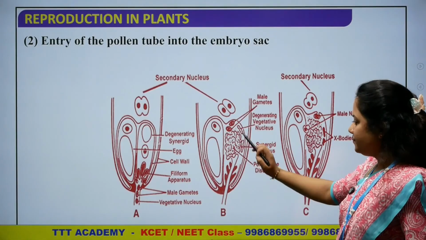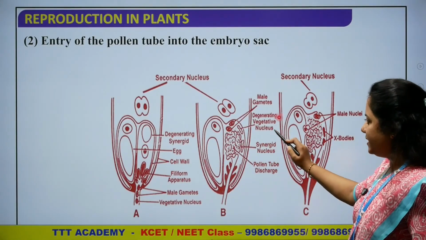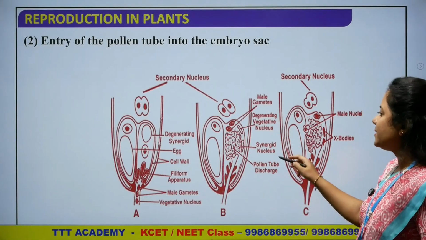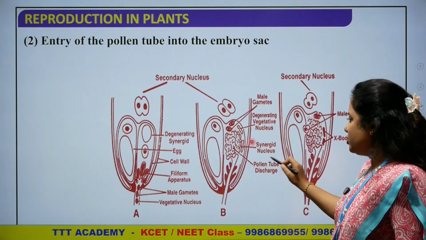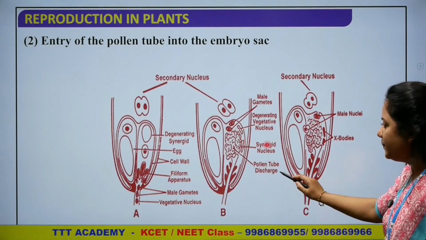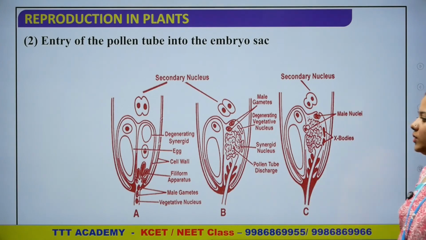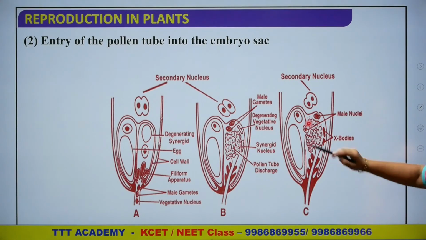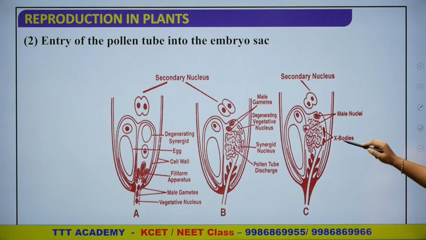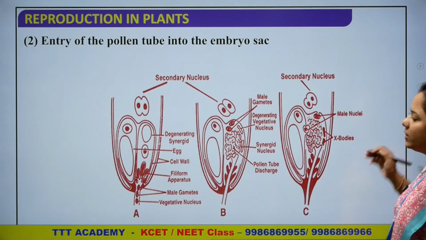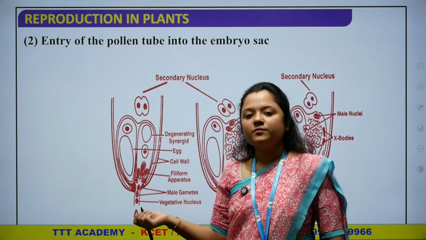Then you can see the degenerating of the vegetative nucleus. The nucleus of the synergid will be here and the pollen tube will discharge towards the egg cell. So the male nuclei are there, the secondary nucleus will be present already, and these are called X bodies. We will learn in detail with the next steps.